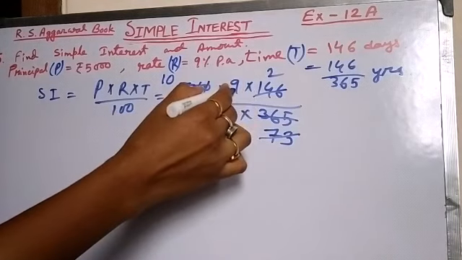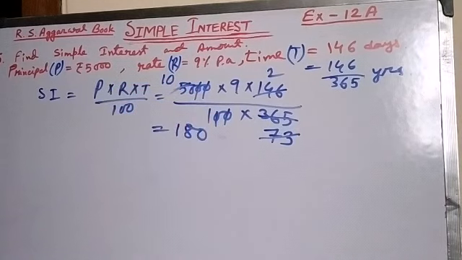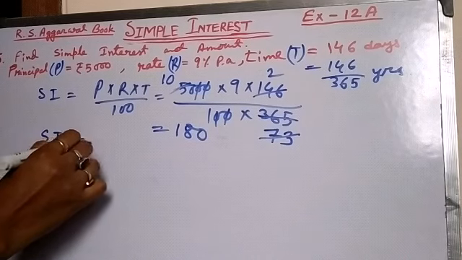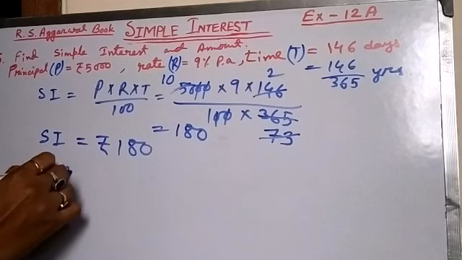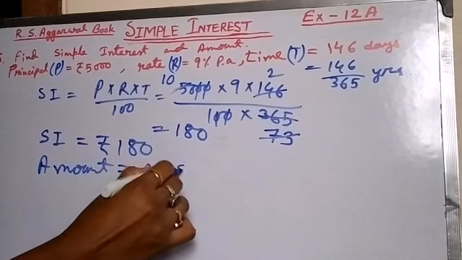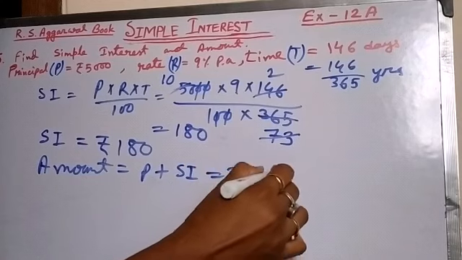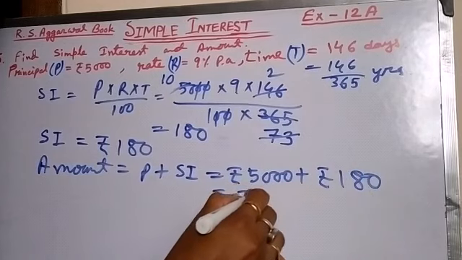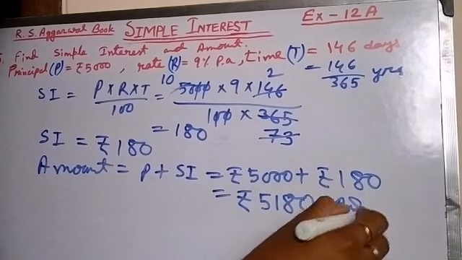Next 9 2s are 18. 18 into 10, that means 180. So SI is rupees 180. Amount we have to find out. Amount equal to principal plus SI, that means rupees 5,000 plus rupees 180, that means rupees 5,180. This is the answer.